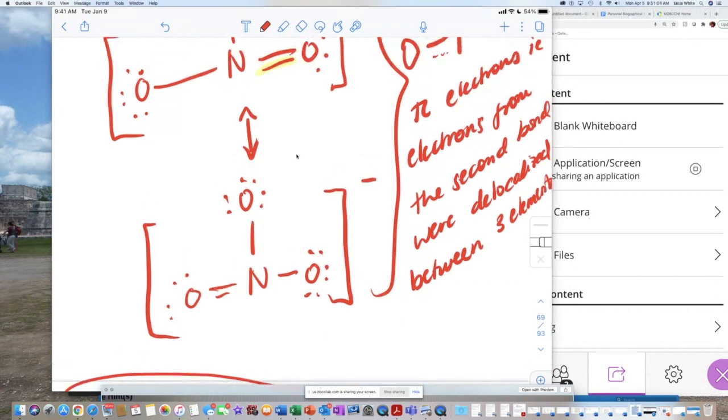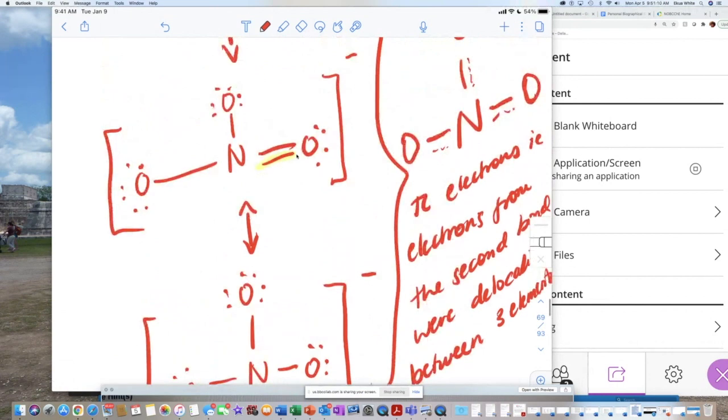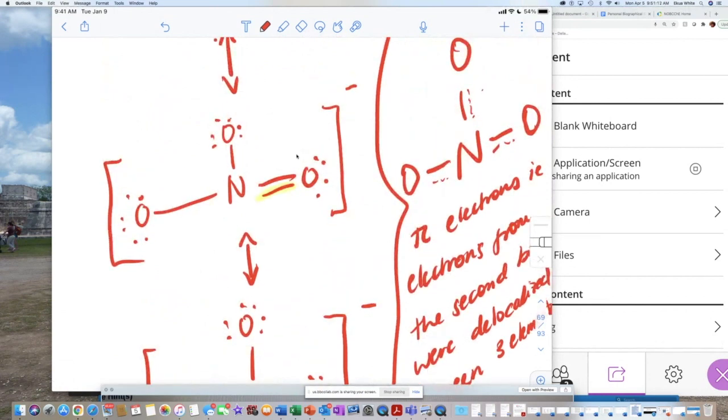Okay, delocalized between the 3 elements. So if you were to figure out the bond value of this bond right here, you got 1.33 or 1/3, right? 1/3, like that, because the second bond was divided into 3 equal parts and then spread throughout between each nitrogen.